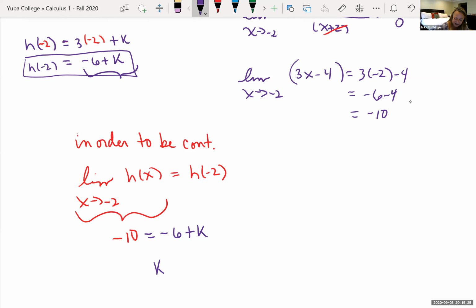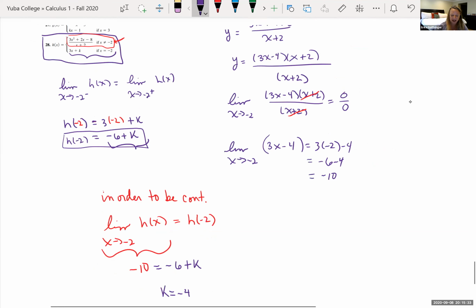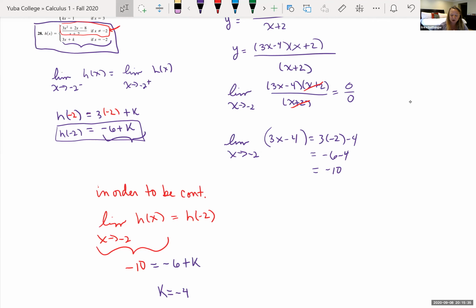Then we know that k is -4. So we just made it where we had before an open circle, and then we figured out what k would have to be for this equation to close that circle when x was -2.